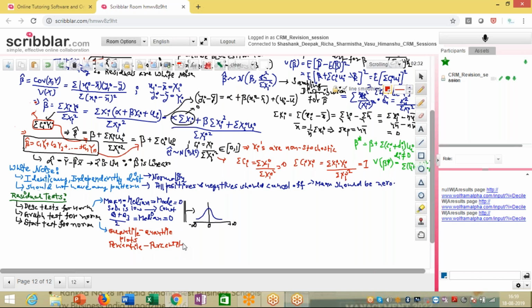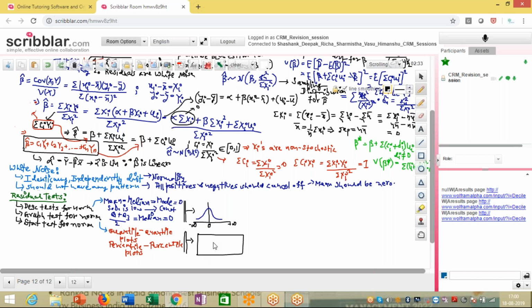Now in these plots, a box-like structure is created.